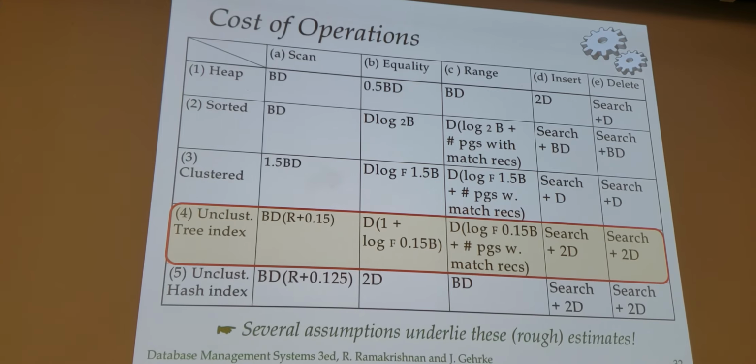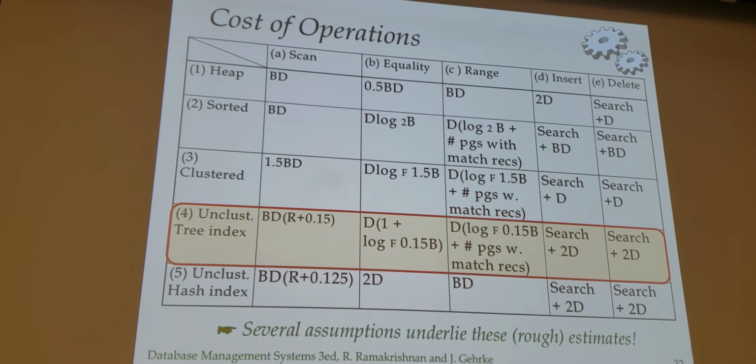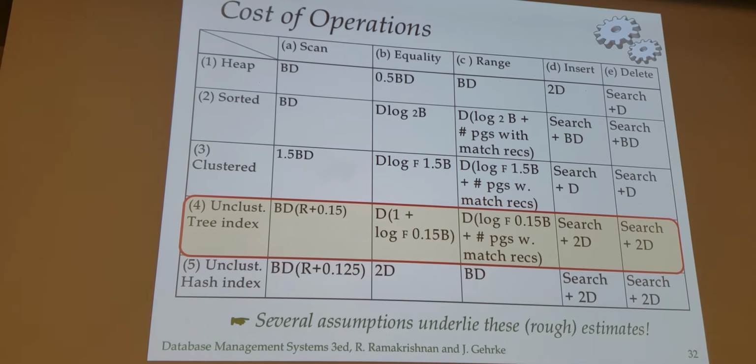And so what about the log to the base f? Each non-leaf has f pages. Yeah, the fan out on average is going to be f. It's actually between f over 2 and f. So whatever, it's within a constant factor. It's log to the base f. So it's log to the base f versus log to the base f over 2. It's just a constant difference.